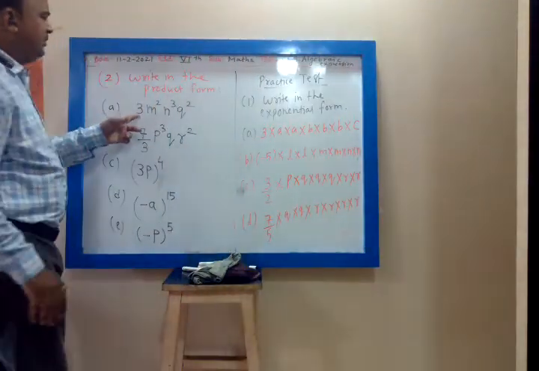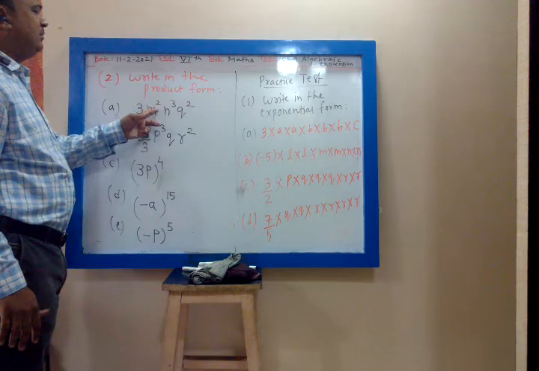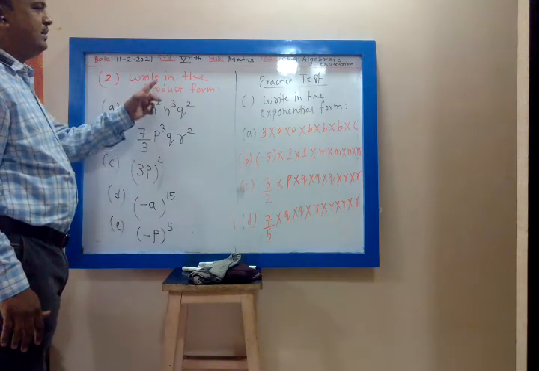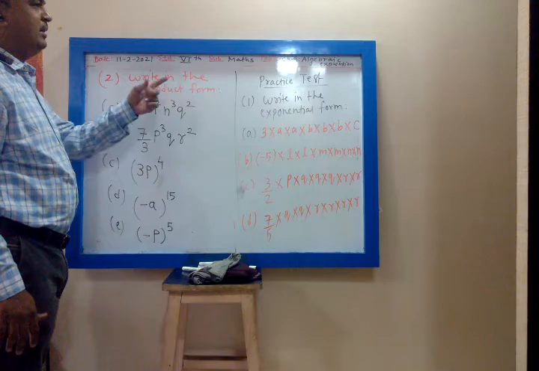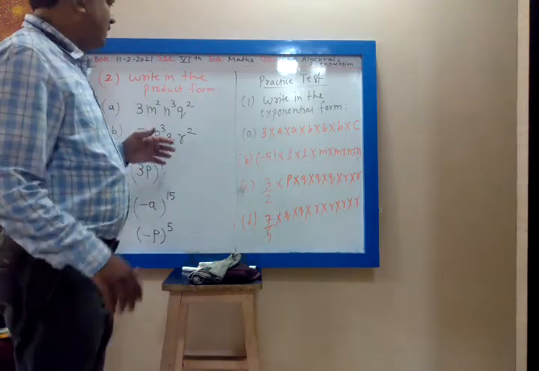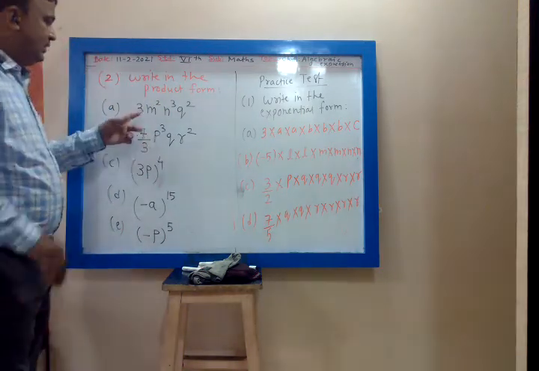Wrong. 3 multiplied by m 2 times, multiplied by n 3 times, multiplied by q 2 times.